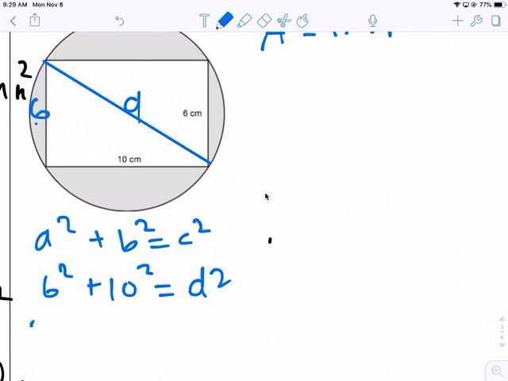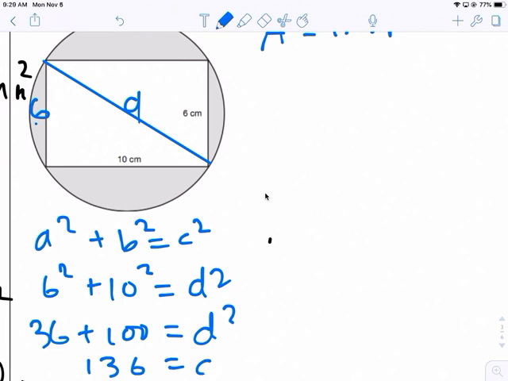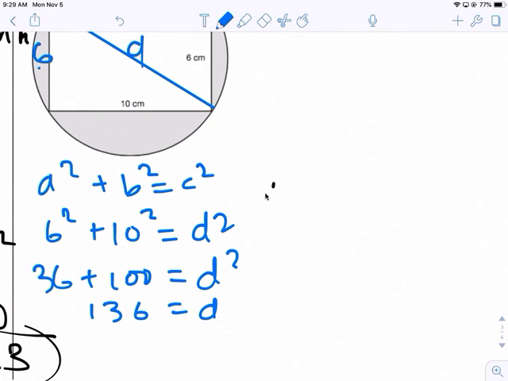36 plus 100, 136. Round it to the nearest tenth, guys. So square root of 136 is 11.7. And divide 11.7 by 2.